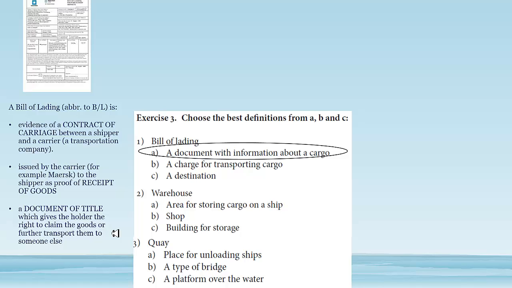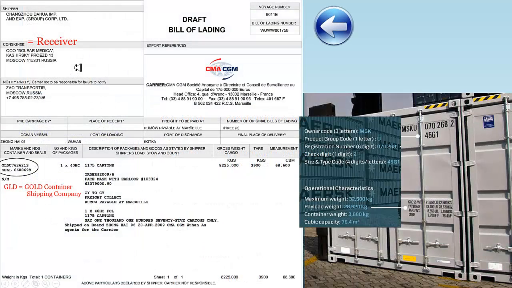So this can be transferred to the receiver, known as the consignee, and they can pick up the goods with this document as proof that they are the rightful owners or receiver of the goods. So it's got actually three different functions, as well as giving information about the cargo.